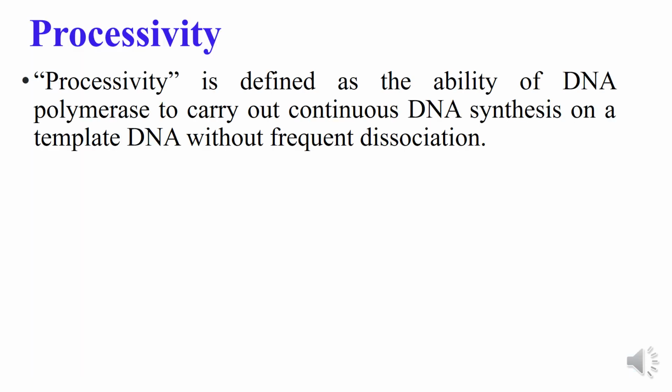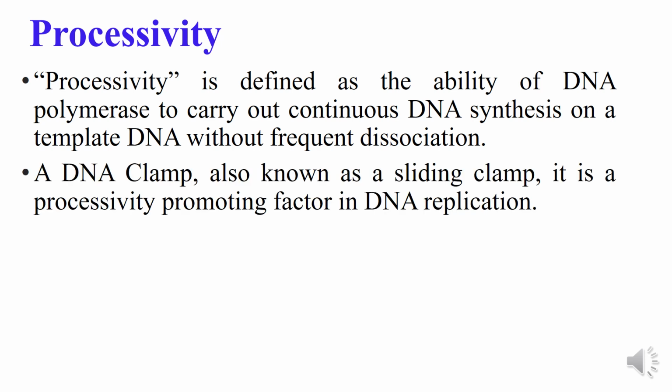Processivity. The processivity is defined as the ability of DNA polymerase to carry out continuous DNA synthesis on a template strand without frequent dissociation or slipping off from the strand. The DNA clamp is also known as a sliding clamp, and it is a processivity promoting factor in DNA replication.